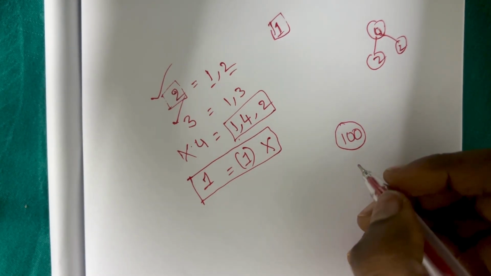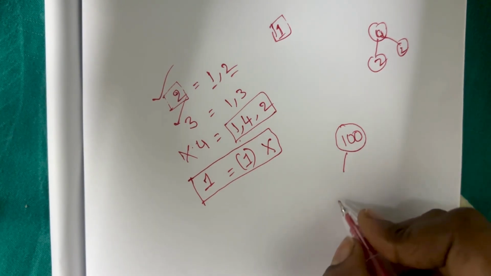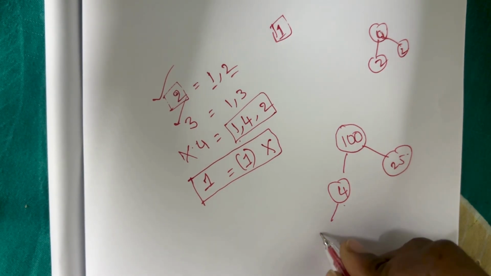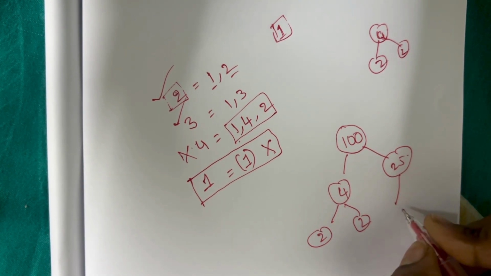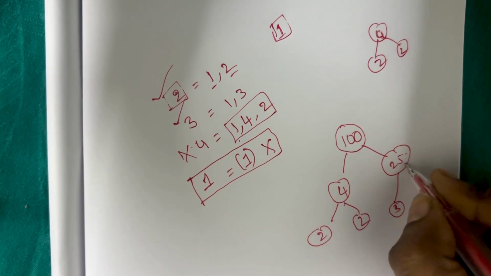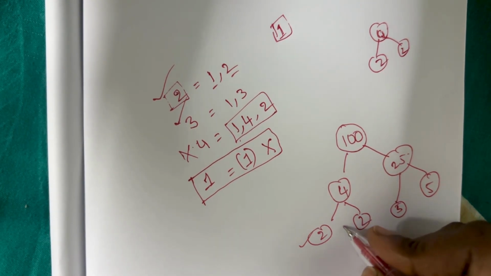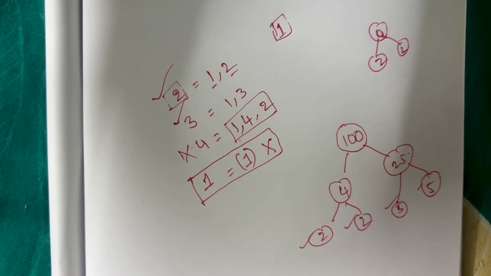We need to find the prime factorization of this number. 100 can be written as 4 times 25. 4 again can be 2 times 2, and 25 can be 5 times 5. Now all my factors have become prime: 2 is prime, 5 is prime. So I'm done with the prime factorization.